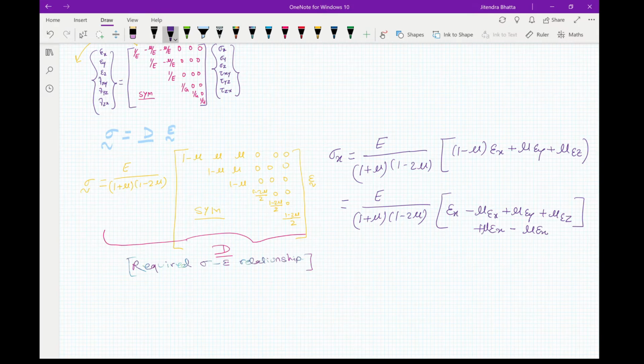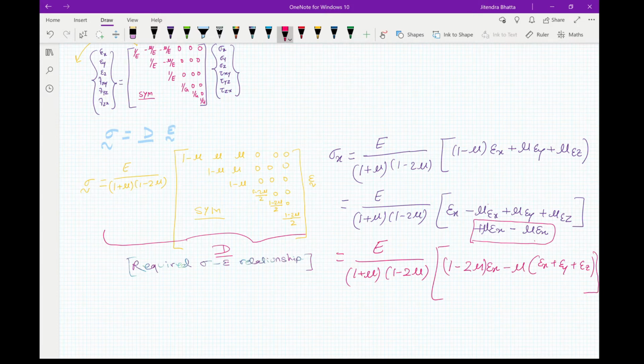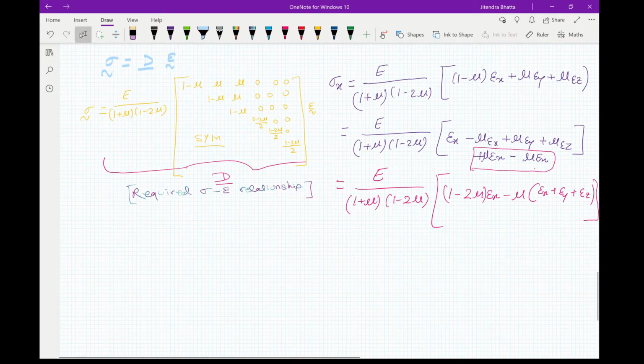We have added this term, which is essentially 0. Now this term here is the summation of your strain in all three directions.